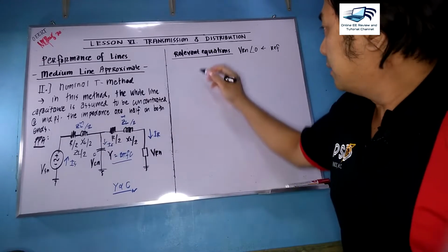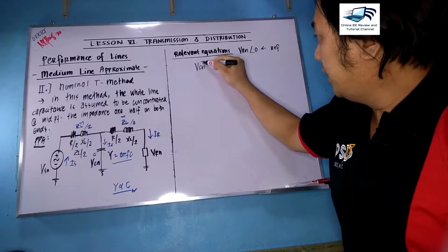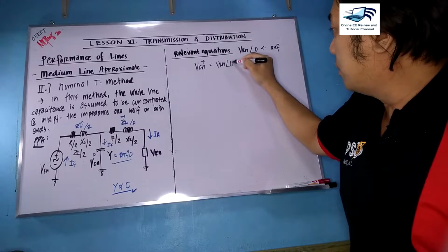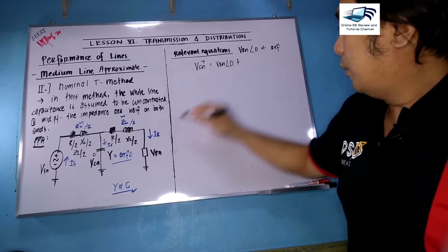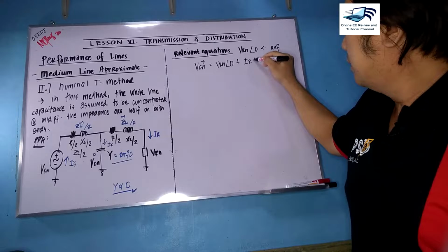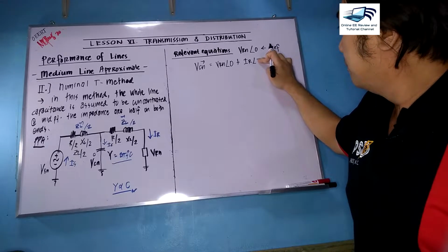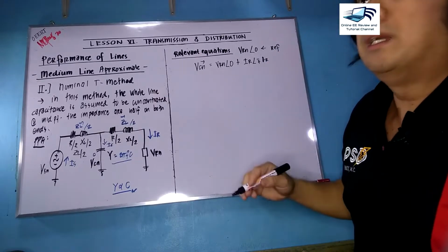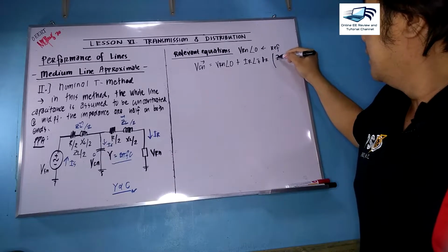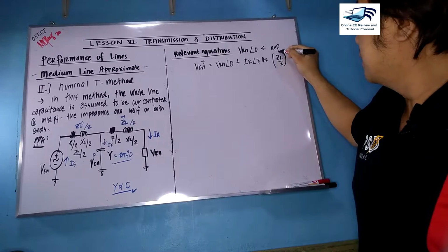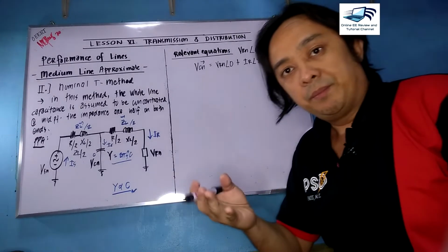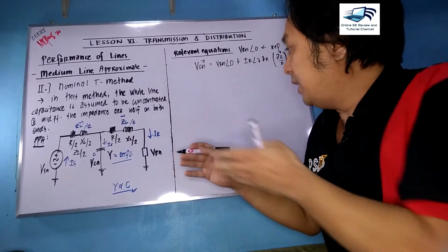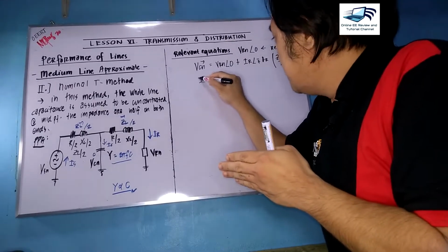So if you want to get VCN here, you need to have VRN angle 0, which is our reference, plus whatever the value of your IR here, which will depend on the angle, on the power factor, multiplied by ZL over 2, which is the constant of the transmission line.